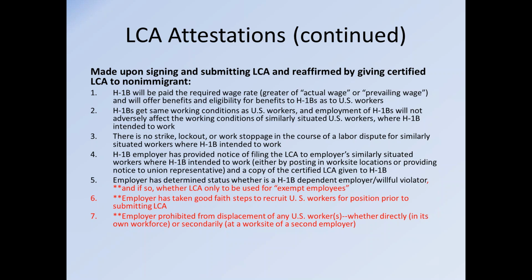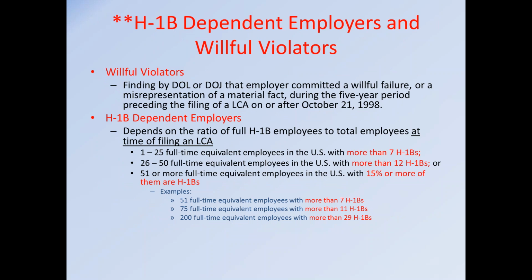I wanted to show you this again because I wanted to jump into a quick discussion of what a dependent employer is and what a willful violator is, and then go over what does that actually mean in terms of what you have to do.